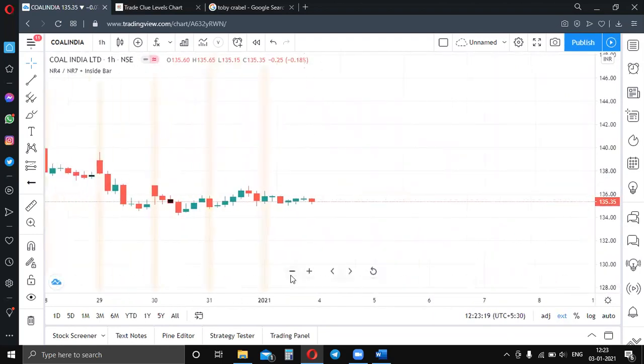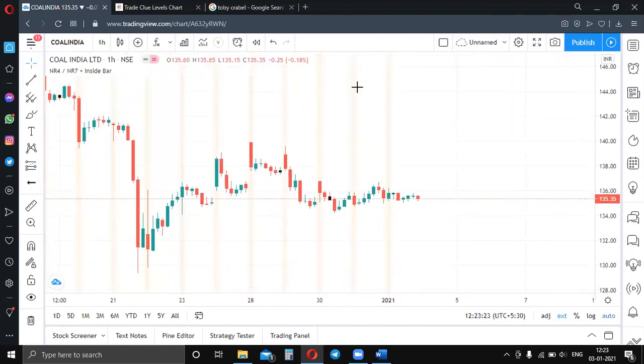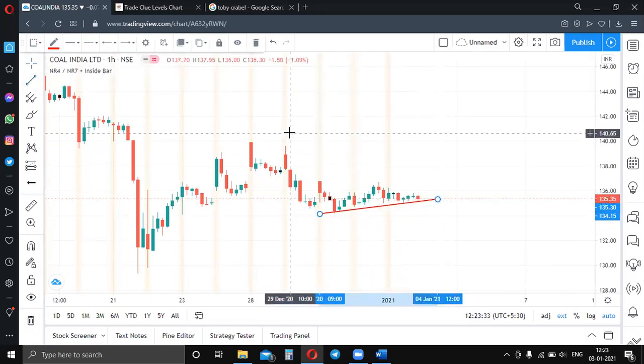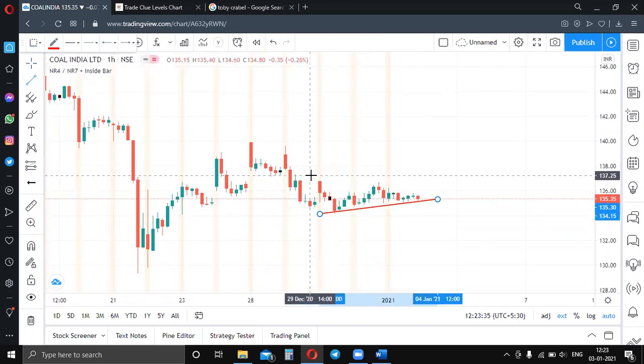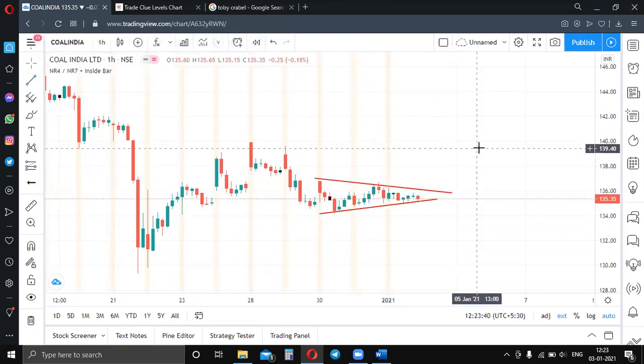What I'm finding is a very thin area of trading. So tomorrow chances are good that we will get a super breakout from that zone.